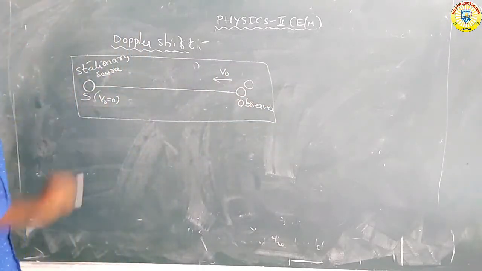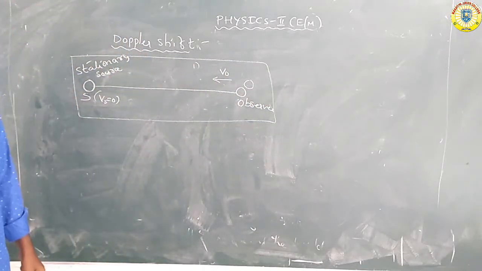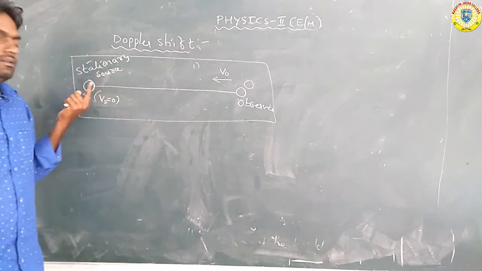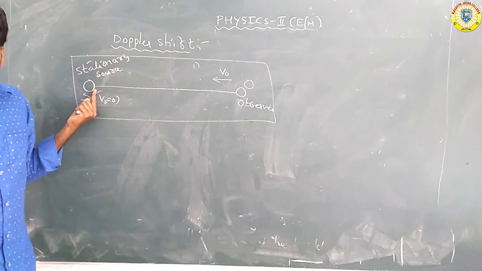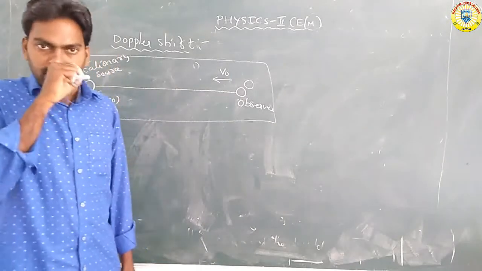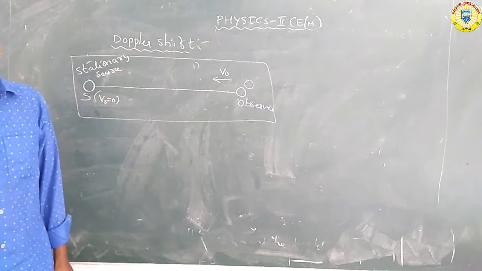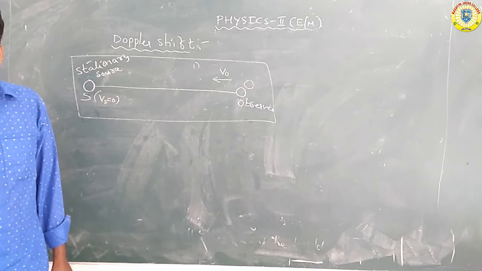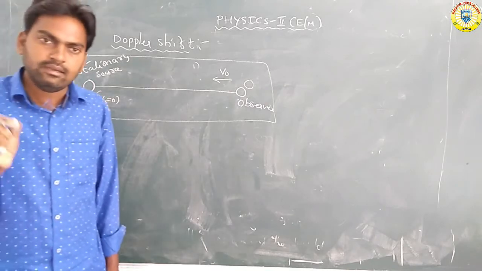So this is the first case. In this case, the observer is moving towards the stationary source, so a number of extra waves is received. Number of extra waves is received in each second. Got it?